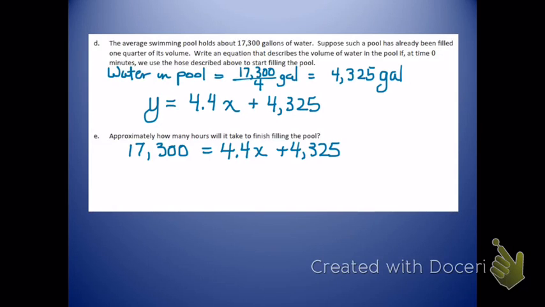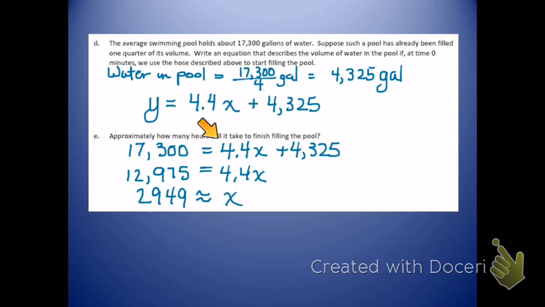So if I subtract the 4,325 from both sides, then I get this step, and then dividing by 4.4 gives me 2,949 is approximately x.